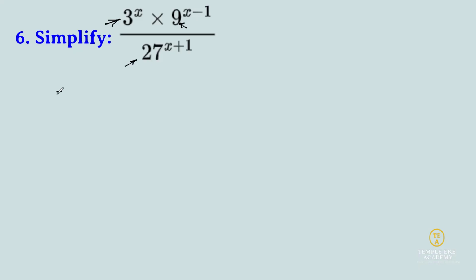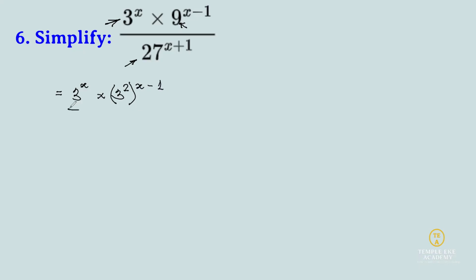So, doing a new writing, we can have just 3 to the power x in the first area. Now multiply by 9 there, and 9 is actually 3 squared. 3 squared for that 9, and all of it is now raised to the power x minus 1. Can you see that?